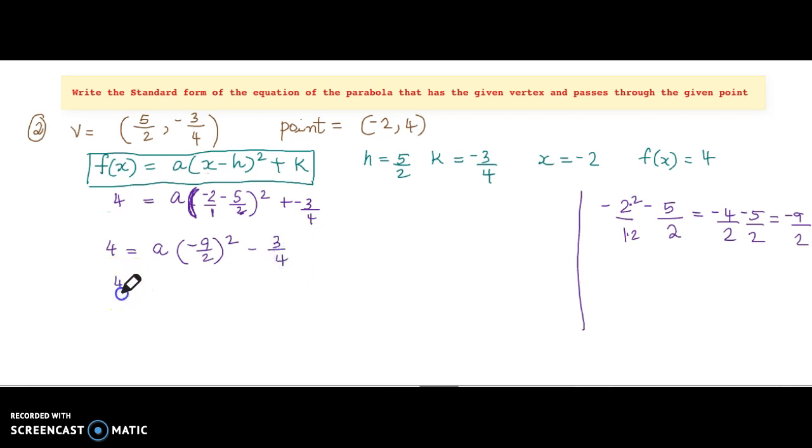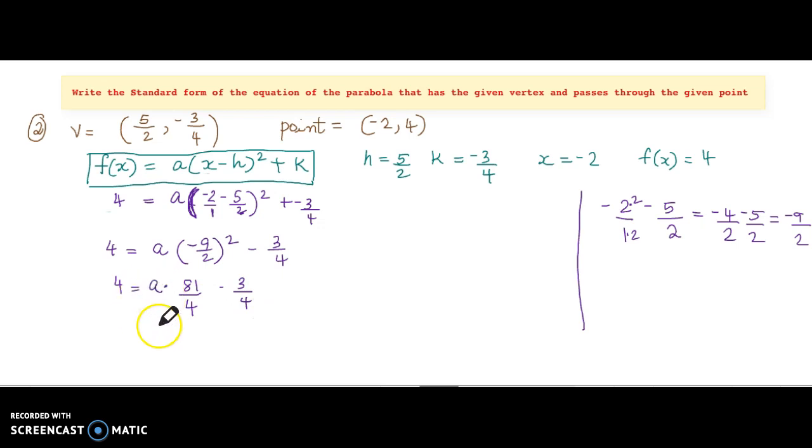So we get 4 is equal to a times, when you square negative 9 over 2 the whole square, negative 9 squared becomes 81, and 2 squared becomes 4. So you're squaring the numerator and writing 81, squaring the denominator and writing 4 there. Minus 3 over 4.